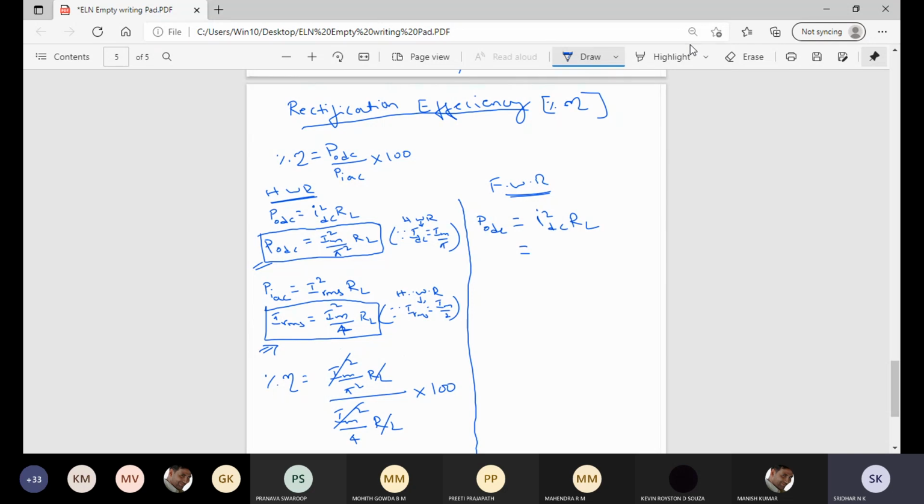IDC of a full-wave rectifier is 2Im by pi, twice of this. So I can write 2Im square by pi square into RL, because IDC is equal to 2Im by pi.